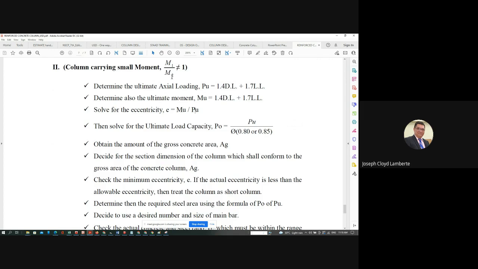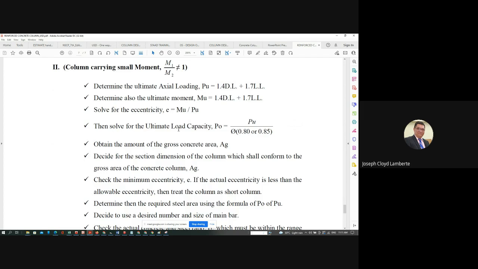Ayaw tong gamay, kay we are after comparing the actual eccentricity to the allowable eccentricity. So we must get the eccentricity from the larger moment. So the eccentricity is the larger moment over the actual load.